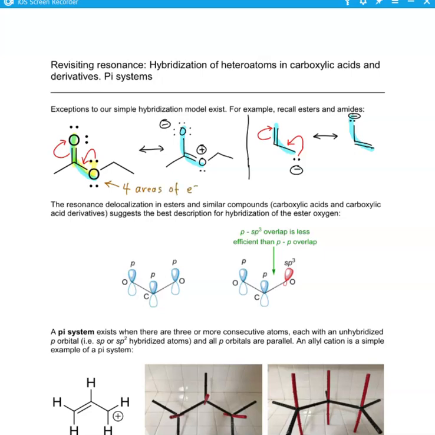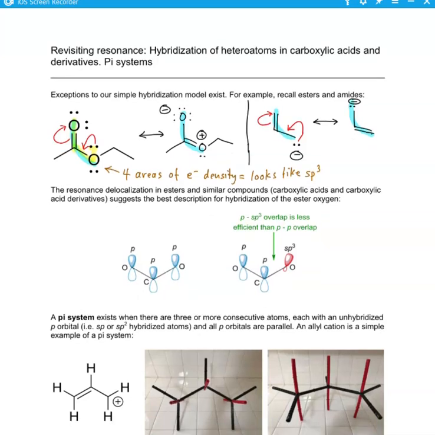So 4 areas of electron density, which means that it looks like it's sp3 hybridized. However, the fact that we can delocalize electrons by showing the resonance arrows the way that we do means that there has to be what's called a pi system involved in this.